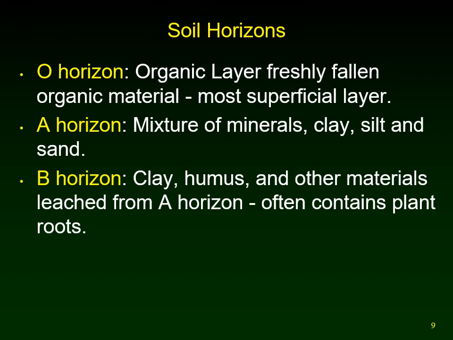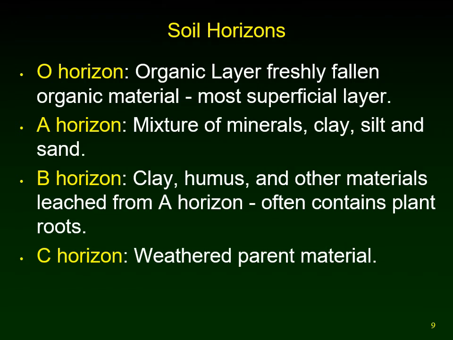Because so many nutrients and so much water move down here, plants like to get their roots down there. It's a much more stable condition for getting nutrients and water. Then if you dig even deeper, especially if you're living in New Jersey, you're probably going to find some sand, or depending on where you live, you might find gravel, bits of rock. This is the underlying geology, the parent material that the soil was built from.